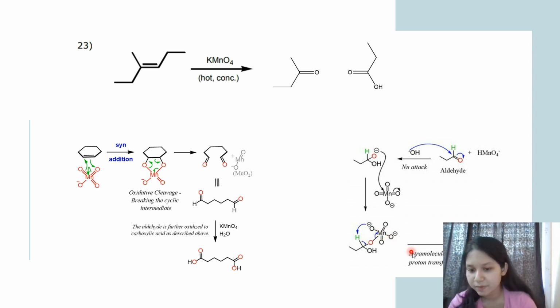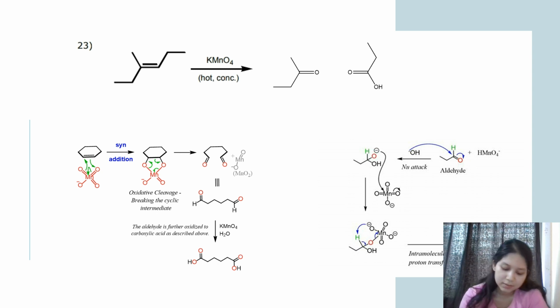So as the final product from the aldehyde, you get this corresponding acid. Okay, so thus we started from this alkene and treated it with potassium permanganate, hot and concentrated solution. So you get oxidative cleavage of this carbon-carbon double bond and get this ketone and this acid.